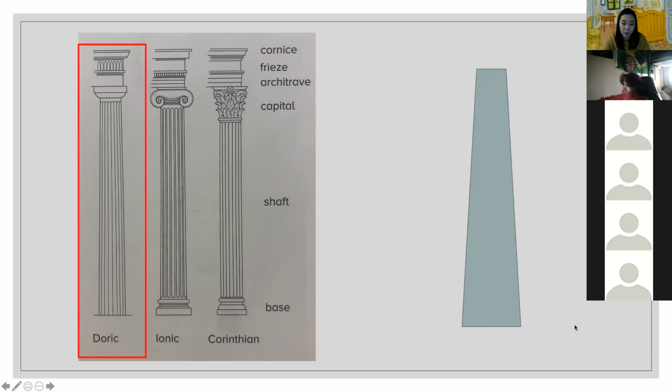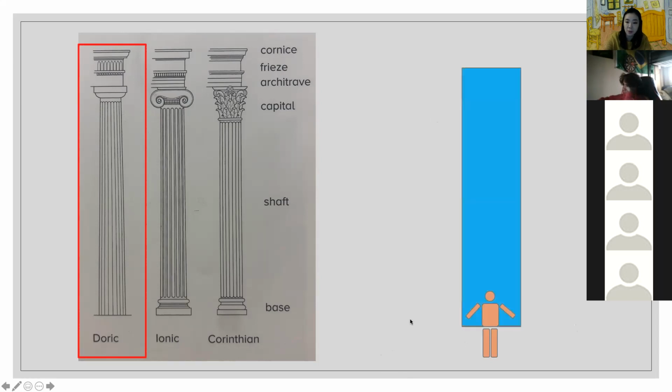So the Doric, however, tall columns may appear to bend inward at the center. They look absolutely straight from the viewer's eyes.